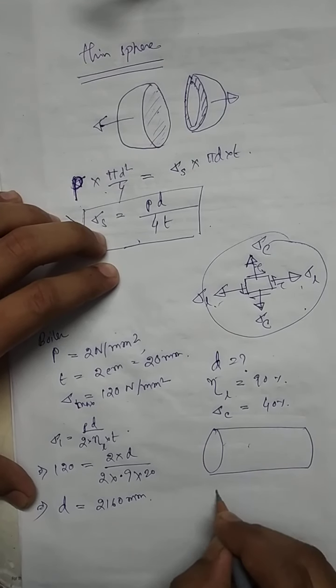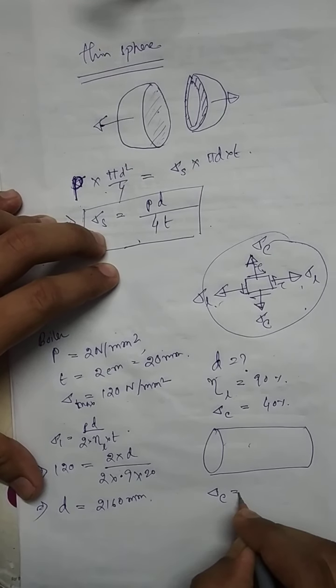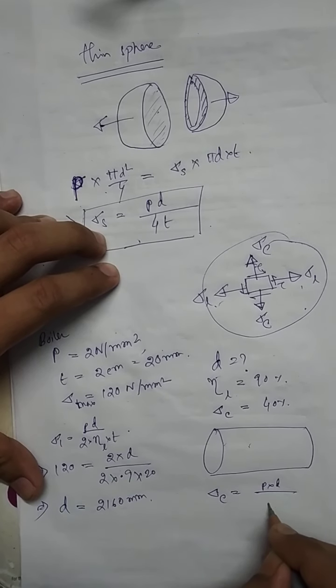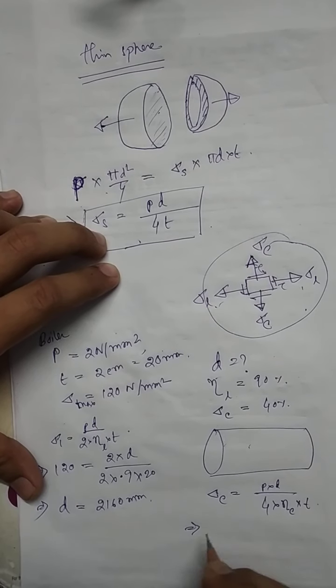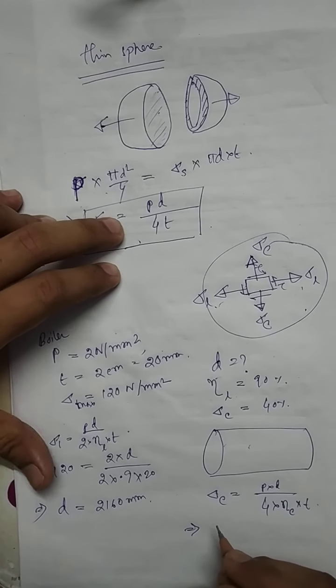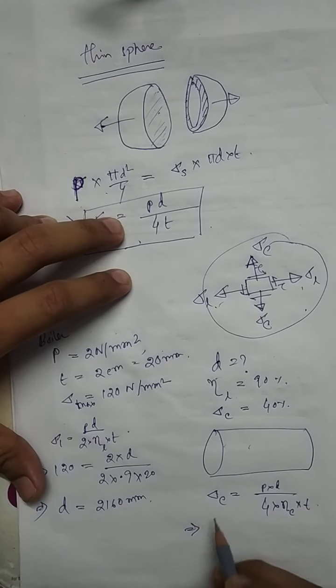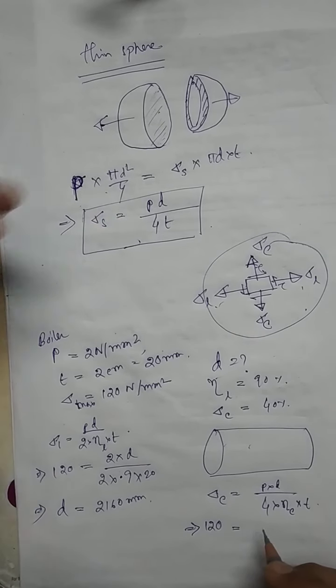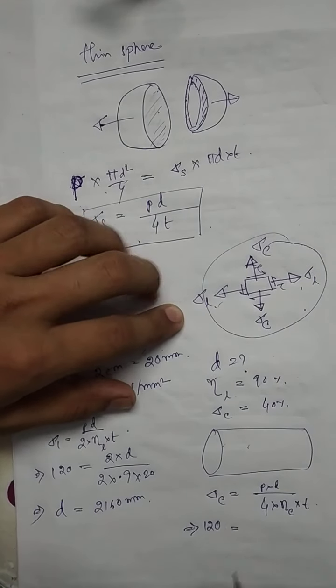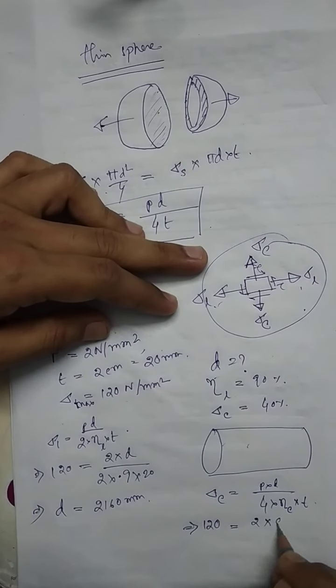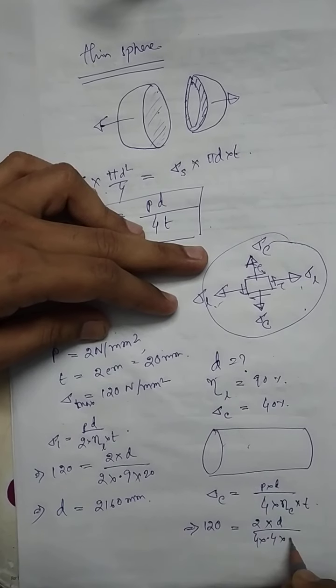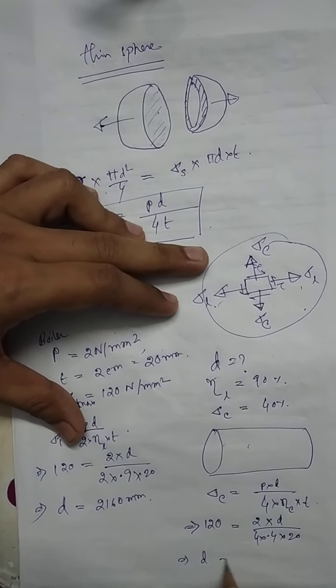Now again, if we use the equation sigma c is equal to P into D by 4 into eta c into T, this is also to be used as 120, as the max value is 120. If we put the values, P is equal to 2, D by 4 into 0.4 into T value 20, then D becomes 1920 mm, that is 192 cm.